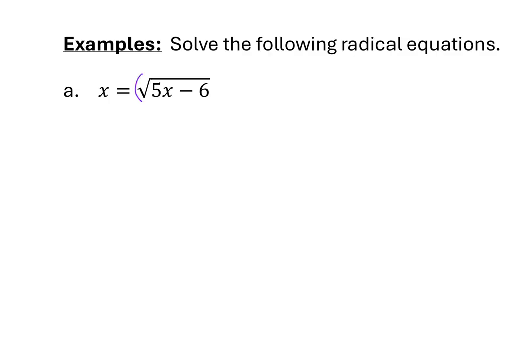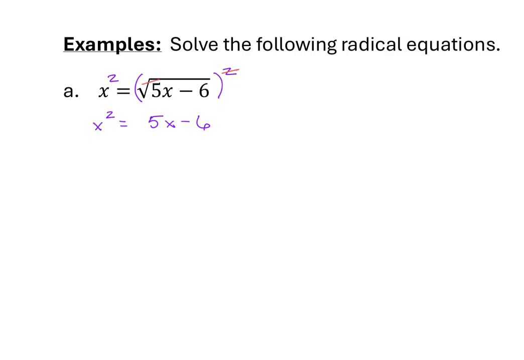In order to get rid of a square root, we are going to square both sides. If we square both sides, we get x squared equals, my square root and my square cancel, and I am left with 5x minus 6. From here, we want to solve using appropriate techniques.